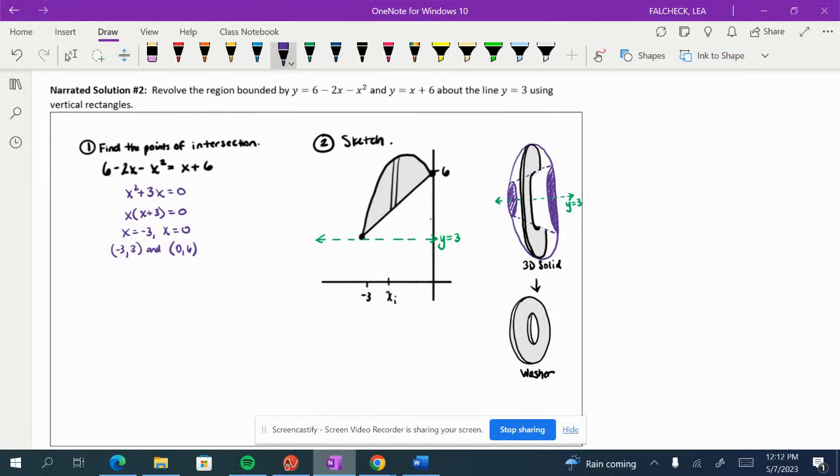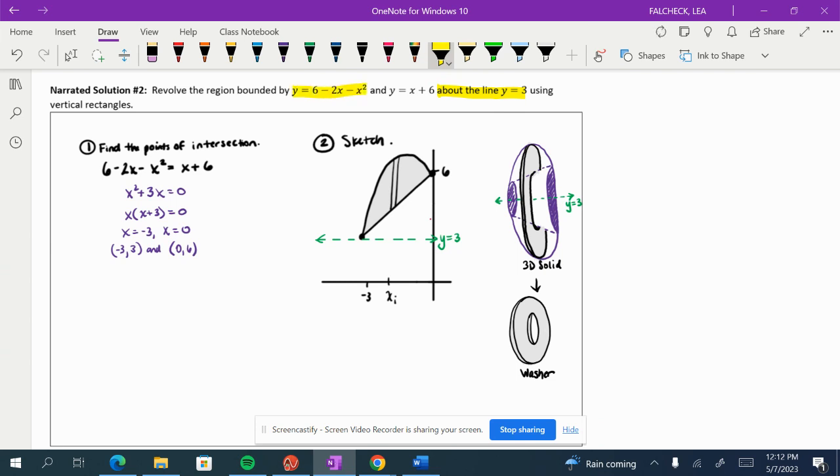Revolve the region bounded by y equals 6 minus 2x minus x squared and y equals x plus 6 about the line y equals 3 using vertical rectangles. Okay, so it says about the line y equals 3. So this is the exact same kind of problem as the one above, right?